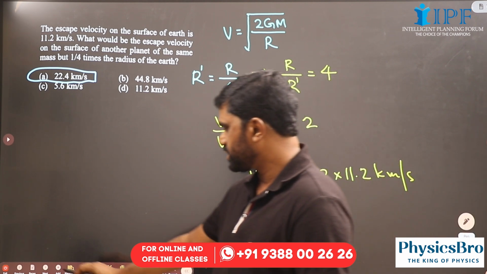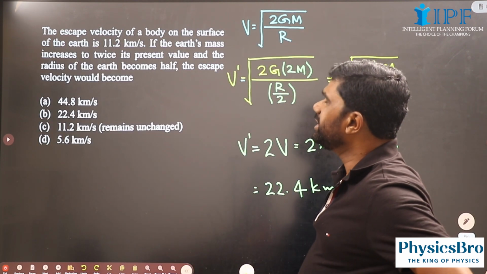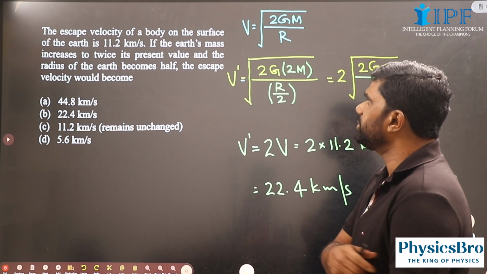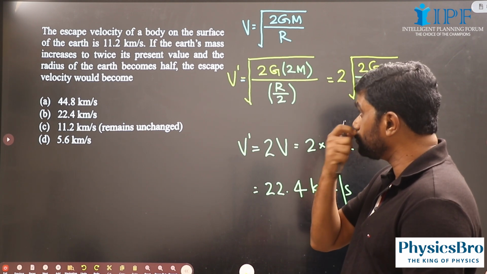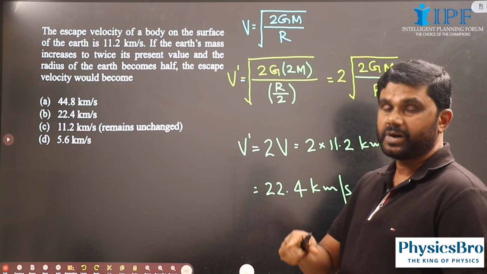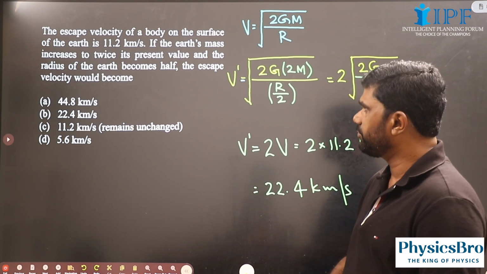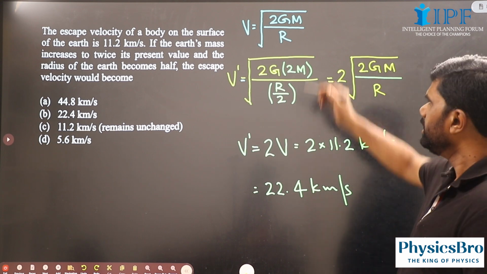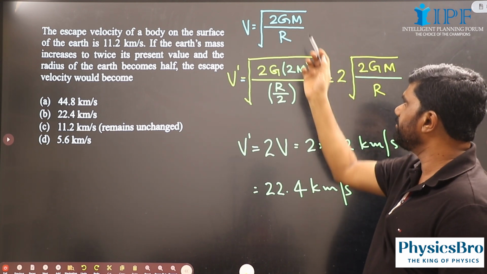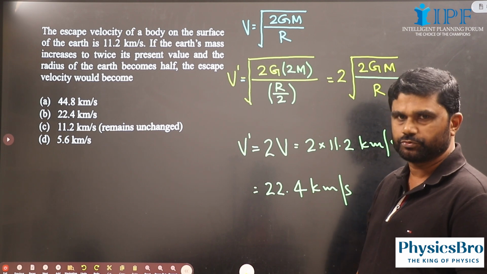Okay, now let's try the next case. The escape velocity of a body on the surface of Earth is 11.2. If the Earth's mass increases to twice its present value and the radius of Earth becomes half, escape velocity would become? Mass becomes twice and radius becomes half. This is the expression for escape velocity. So I have replaced m with 2m and R with R by 2.